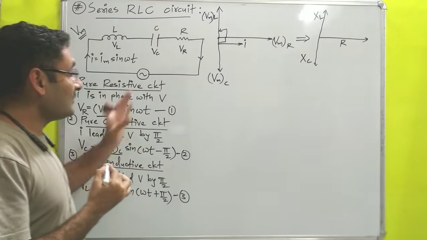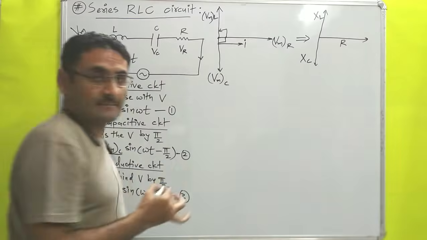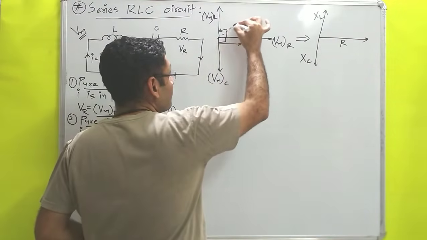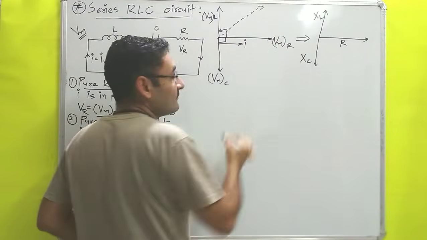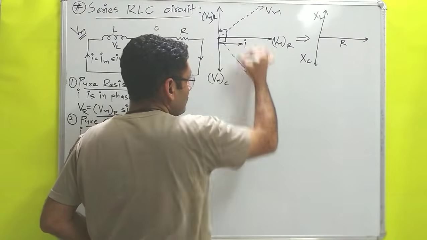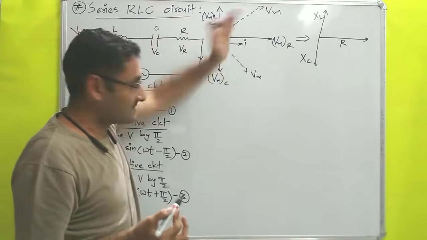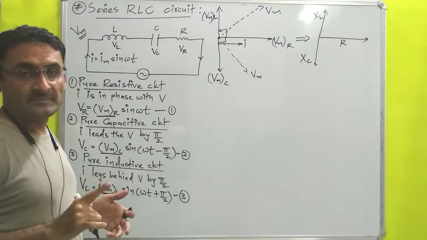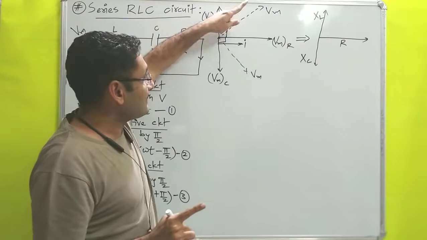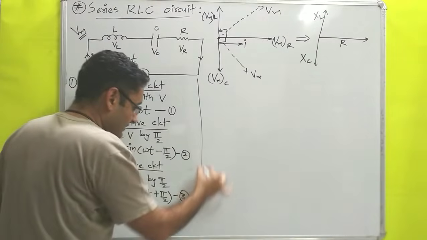So now if you want to find out the resultant of all these three values, you don't know whether the resultant value of Vm will pass above the Vm of R or below it. पता नहीं है ऊपर से रिजल्टेंट जाएगा कि नीचे से रिजल्टेंट जाएगा. So that is why we have to consider two cases to find out whether the resultant will pass above the graph or below the graph. So first case over here we will discuss.